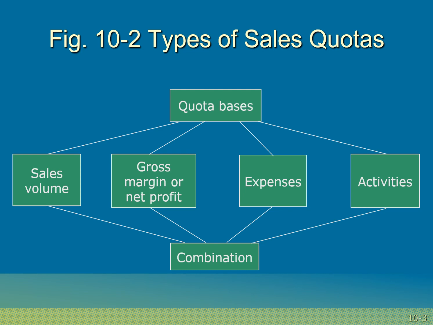Of course, you can use one, two, three, or more of these four bases as a combination to set your quota. These are the basis and types of sales quotas.